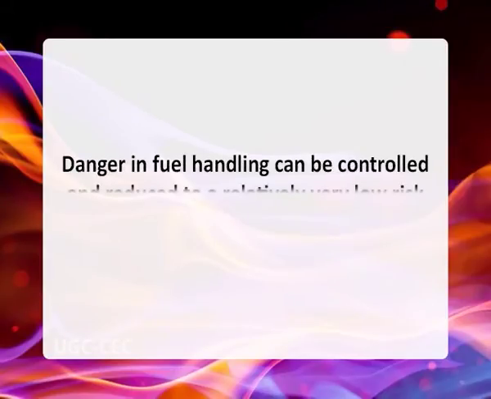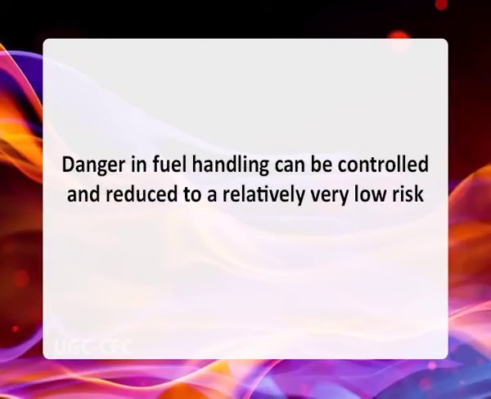But as just discussed, fuels are such convenient energy storage systems that their associated problems are there to be solved. Danger in fuel handling can be controlled and reduced to a relatively very low risk in comparison with other accepted risks, as in transportation or sports.